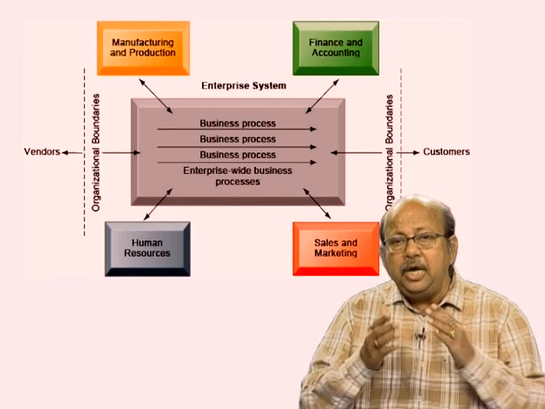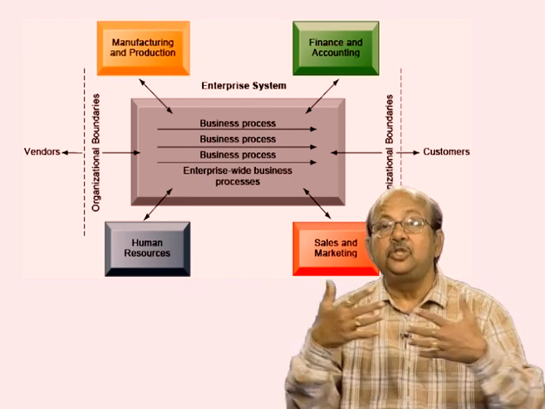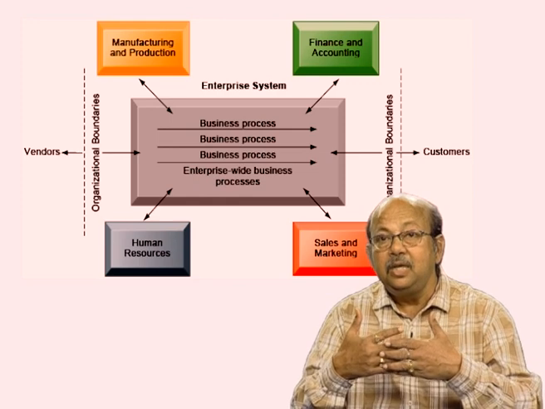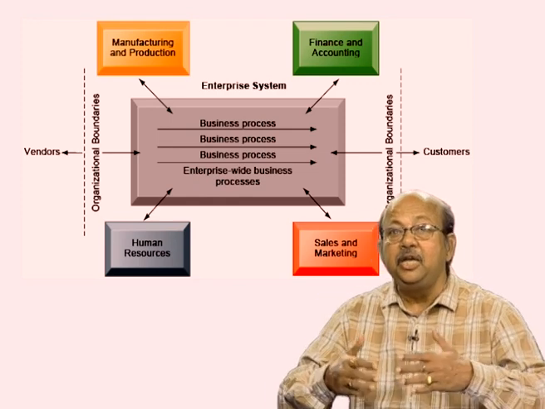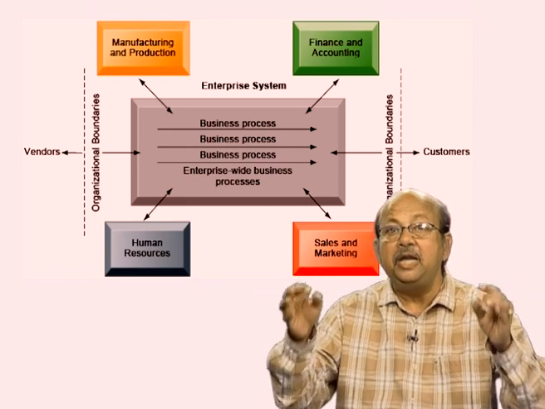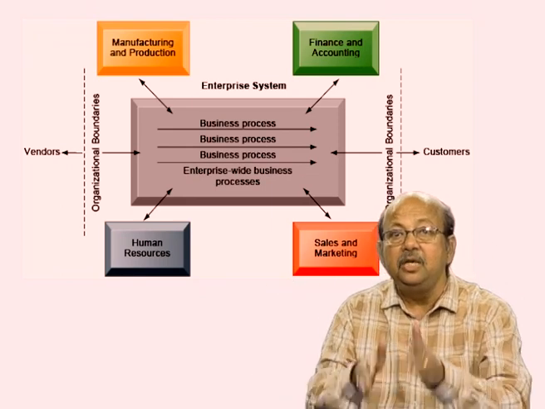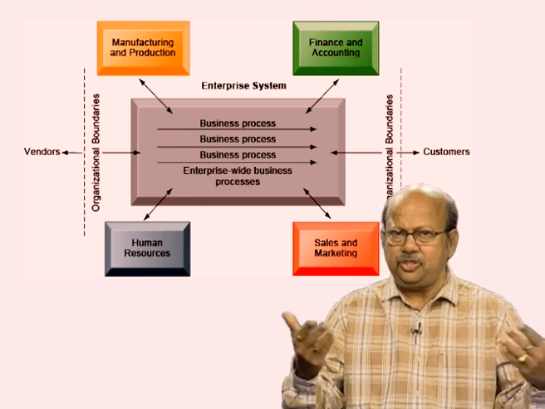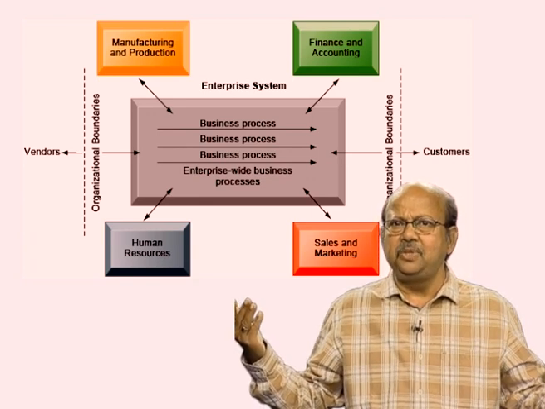In an enterprise system, all the processes are integrated in such a way that it gives information to different stakeholders online on a real time basis, and the information is stored in one place and used by all the stakeholders of the enterprise simultaneously. And the examples of enterprise systems are ERP, SCM, CRM.